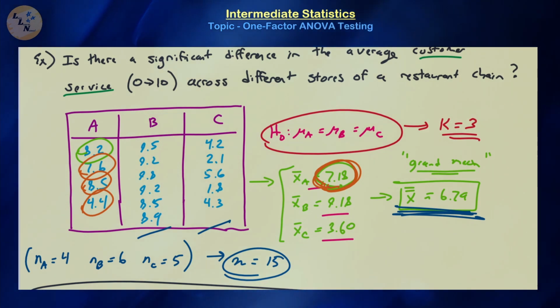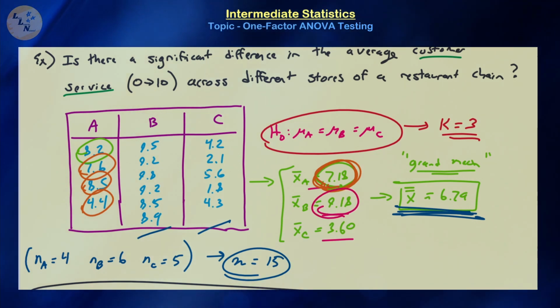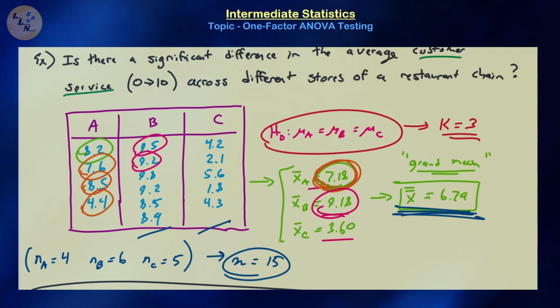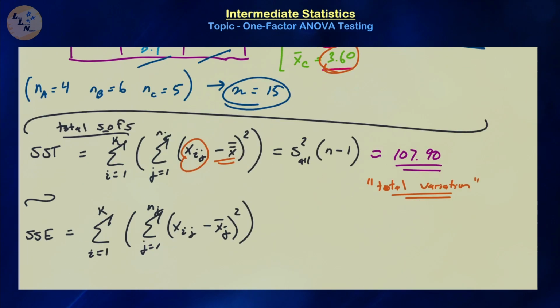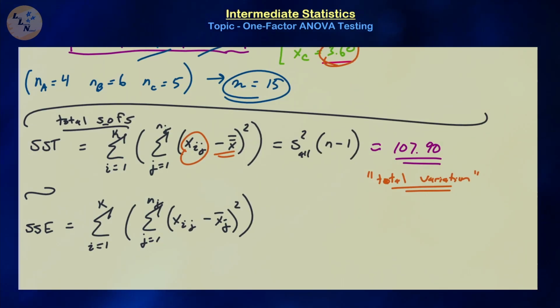Then I'm going to do the same for category 2, but instead of subtracting 7.18, I'm going to be subtracting 9.18. So 9.5 minus 9.18 squared, 9.2 minus 9.18 squared, and so on. And then lastly, I'm going to do 4.2 minus 3.60 squared, 2.1 minus 3.60 squared, and so on. Add up all of those squares, and that's going to give you what we call our error sum of squares.